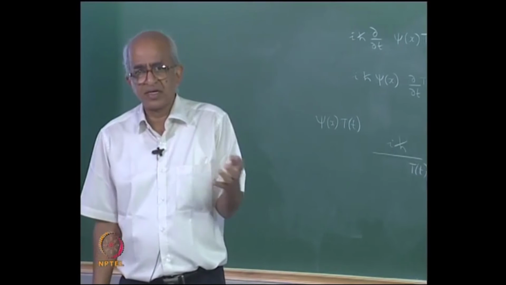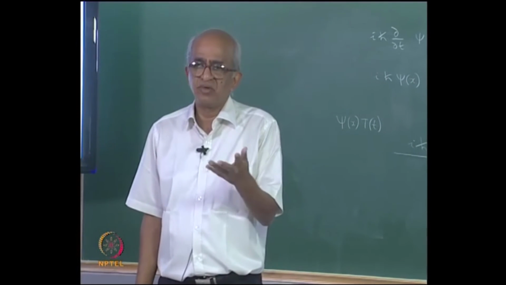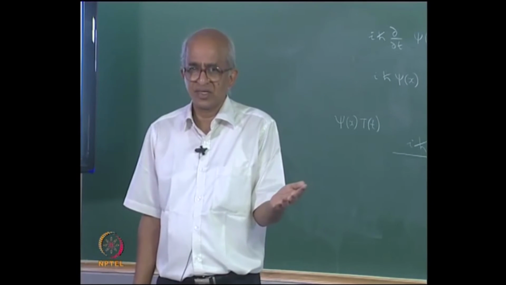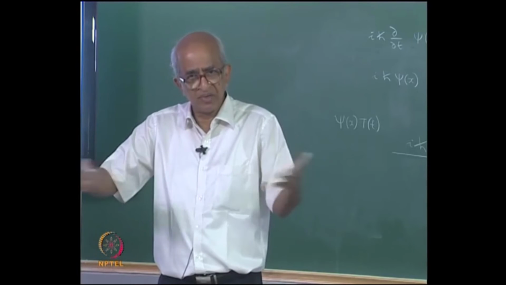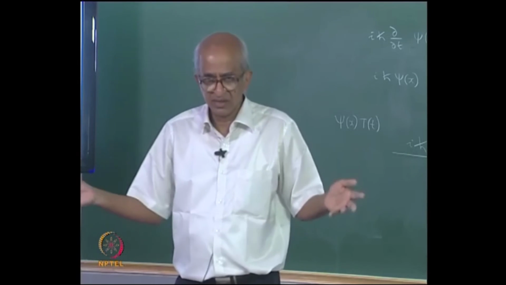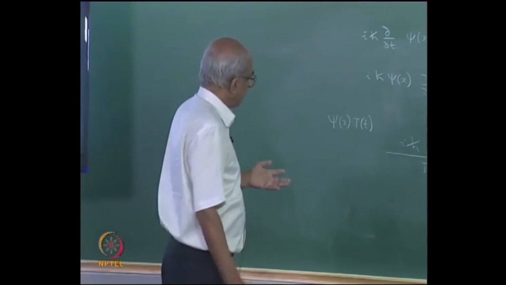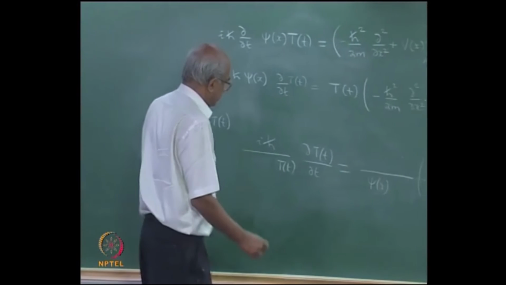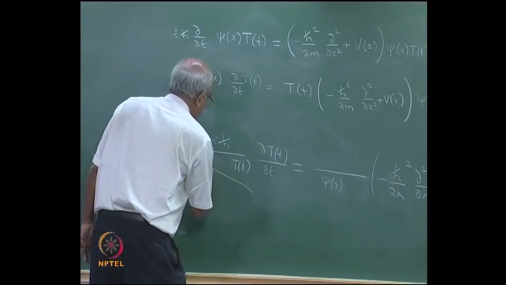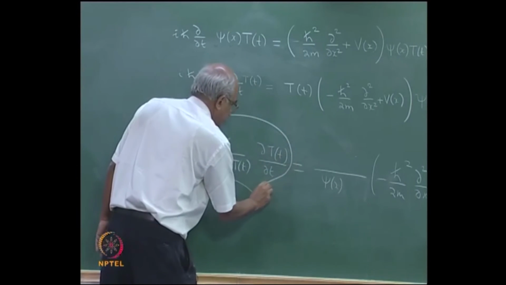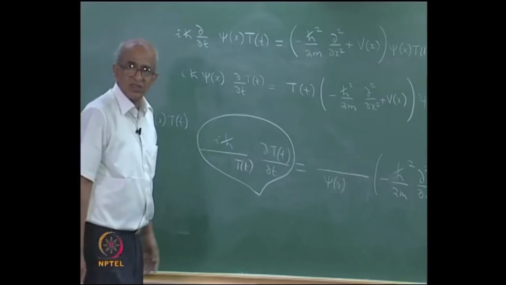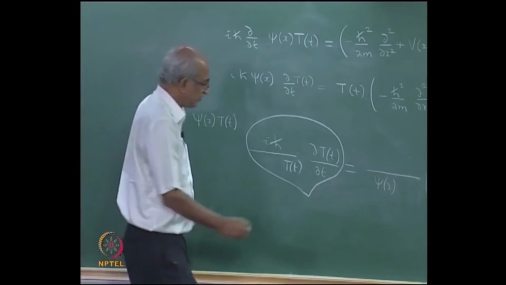See, this was a partial differential equation which depended upon two variables, t as well as x. These both t and x, they are independent of each other, they are independent variables of the problem. But when you look at this equation, on the left hand side you have a function which depends only upon time, a function of time alone.